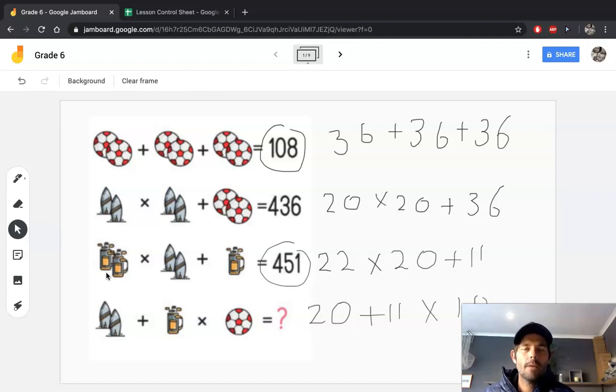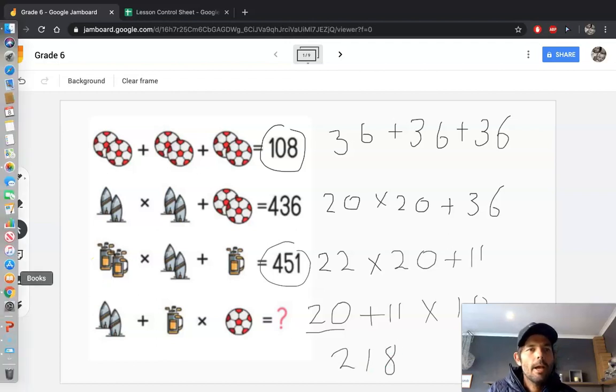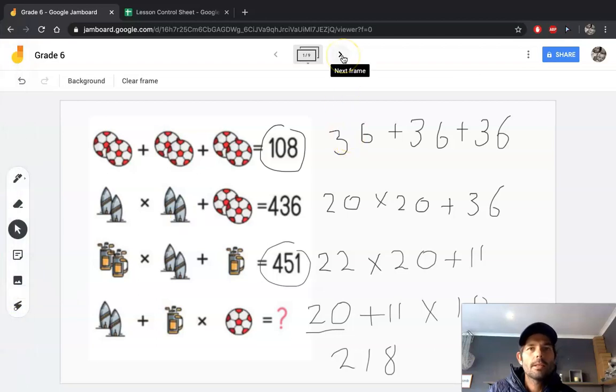So I can go 10 times 18 is 180, plus that additional 18 is 198. And then I just need to add the 20 from the surfboards, and my total answer is 218. Okay, great. Our next part of the lesson for today is our mental maths.